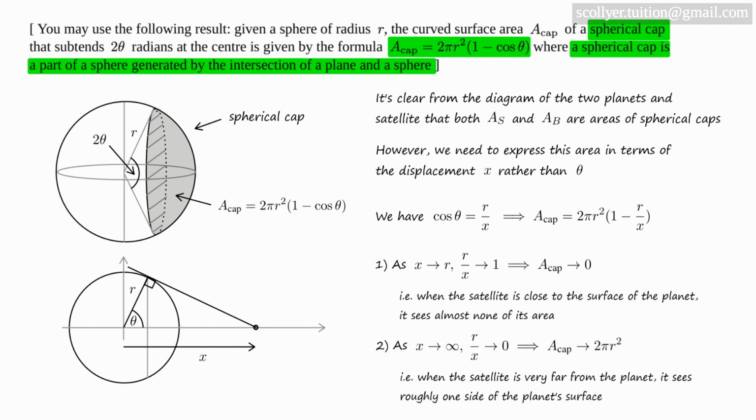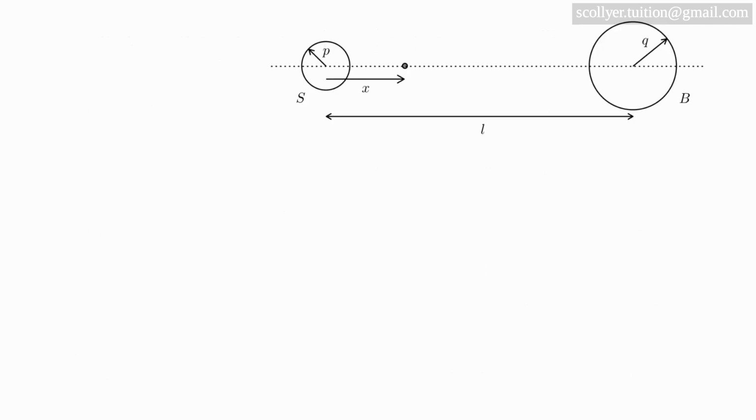And this says that when the satellite is very far from the planet, it sees roughly one whole side of the planet's surface. And both of those results agree with our experience. From the Earth, we can see one side of the moon, more or less, but when astronauts landed on the moon, they could only see that part of the moon that was in their local vicinity.